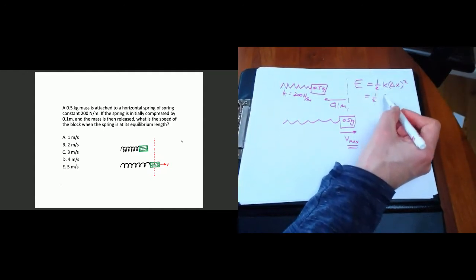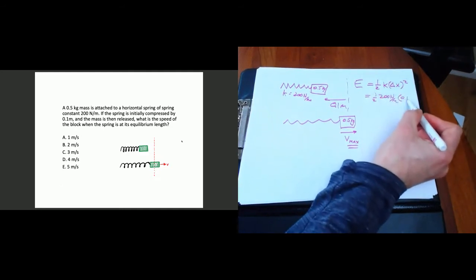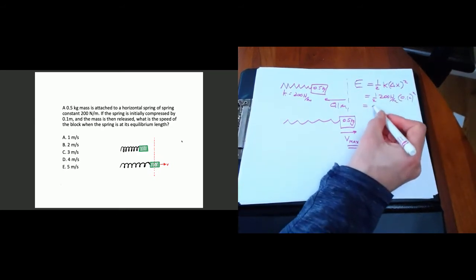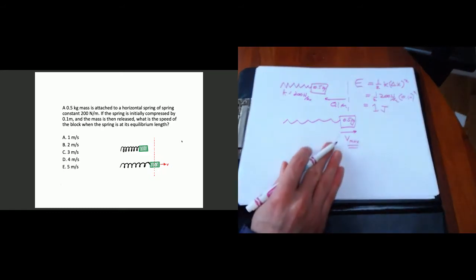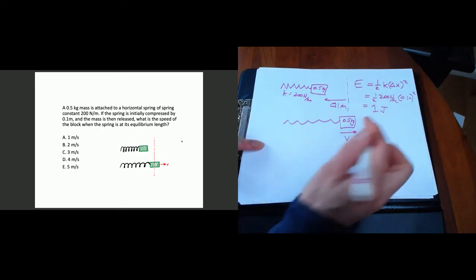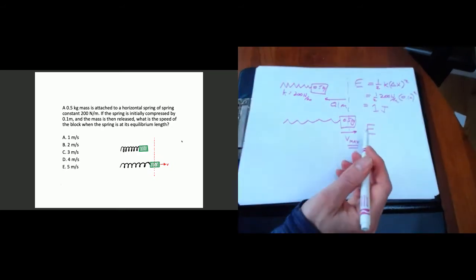And that's equal to 1/2 times 200 newtons per meter times 0.1 meters squared. And that ends up being equal to 1 joule. So we calculate that original energy, and next we can set it equal to the energy at the final situation. In this final situation, we're at the equilibrium position, so potential energy is 0.